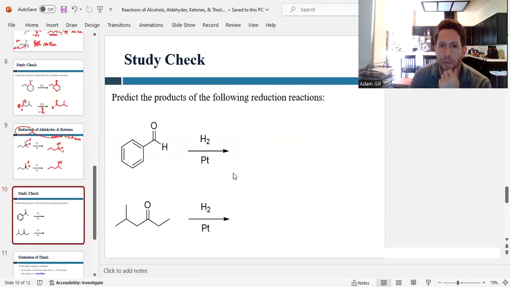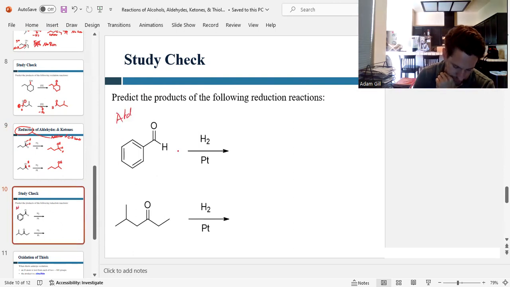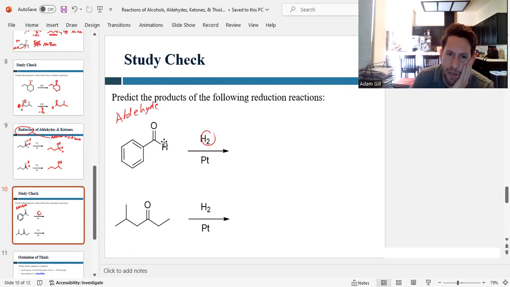Okay, can we predict the products of the following reactions? So this looks like an aldehyde to me. And it looks like we're adding hydrogen gas back in. So we're going to get two hydrogens added in where the double bond used to be.